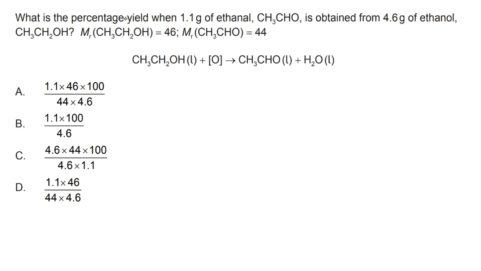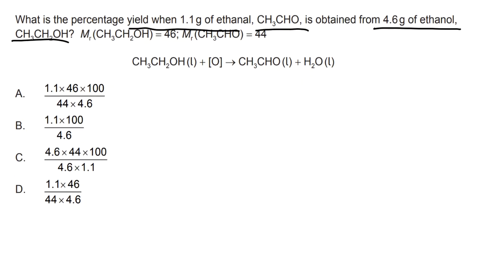What is the percentage yield when 1.1 grams of ethanal is obtained from 4.6 grams of ethanol? Okay, we're getting ethanal from ethanol, so we're going to be considering this equation right here. So we have an O. I think this is meant to represent an oxidizing agent, not an oxygen, so that's something to keep in mind. This does not mean concentration in this context.